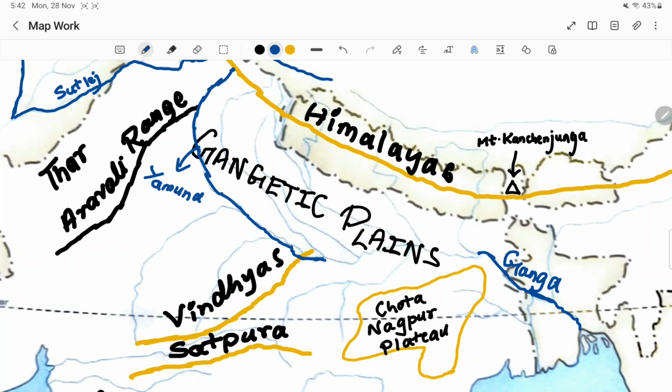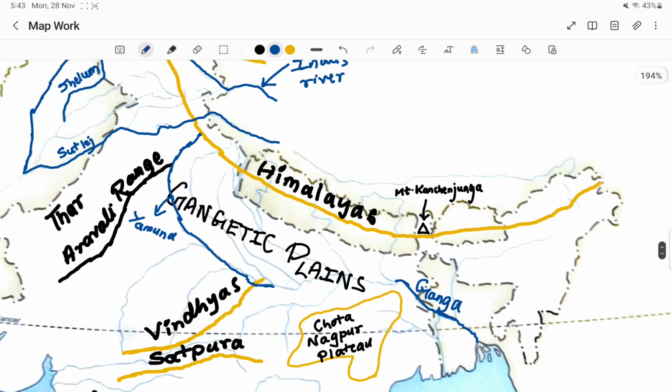After the Yamuna comes the Kosi River. Kosi River is also known as the sorrow of Bihar because it always brings floods during the monsoon season. So let's just mark the Kosi River now. So Kosi River.